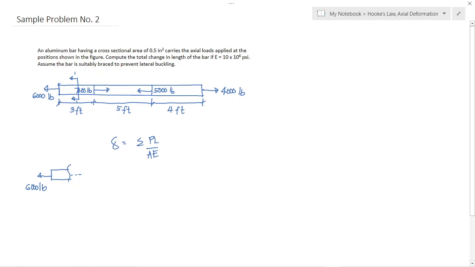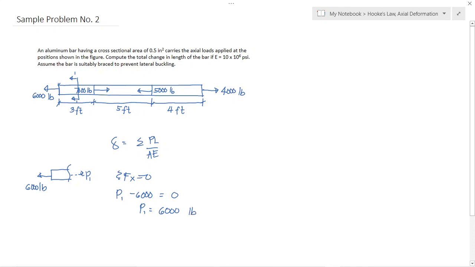So, the internal force dito sa portion na ito is equivalent to, let's say, P sub 1. Okay. Then, taking summation of forces along x equal to 0, maintaining static equilibrium, we have P1 minus 6,000 is equal to 0. So, P1 is equivalent to 6,000 pounds.